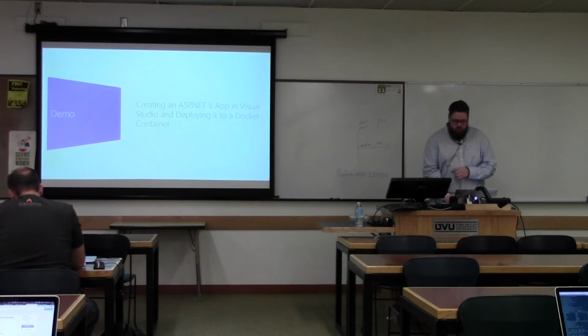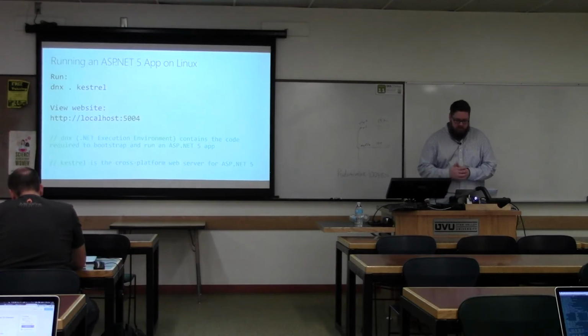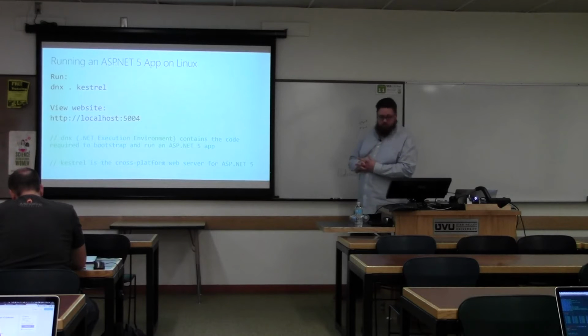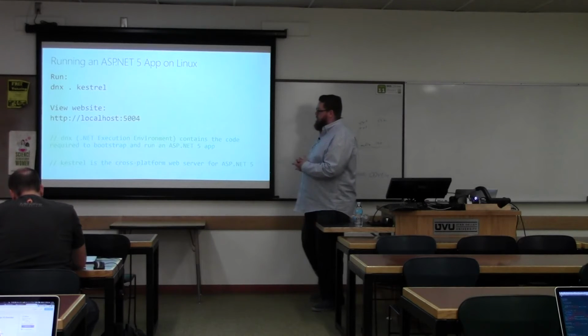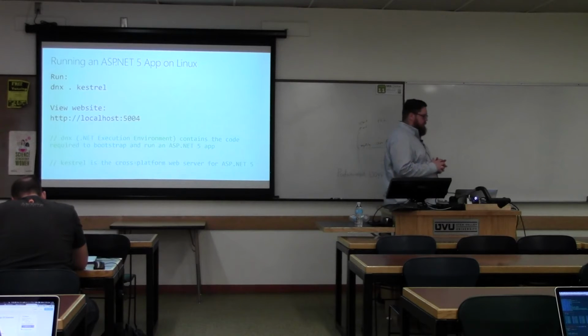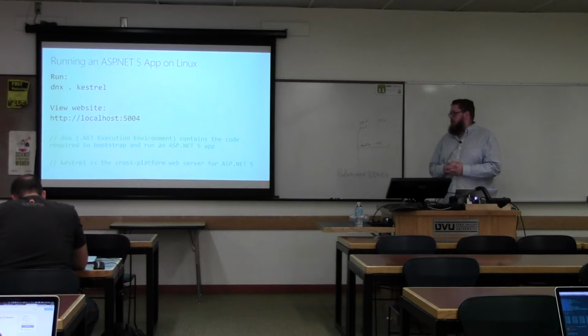Now, when you're running an ASP.NET 5 application, the .NET execution environment, again, it's just a bootstrapper for Kestrel. And on Windows, you have IIS, essentially just to make this compatible cross-platform.